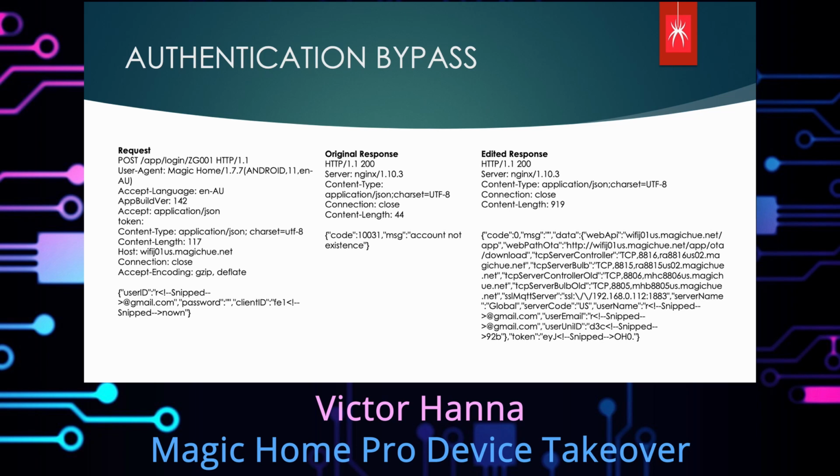So this slide shows the initial POST request using an arbitrary password within the JSON parameter, the original response, and then the edited response using our forged token that an attacker can then inject into the communication flow.